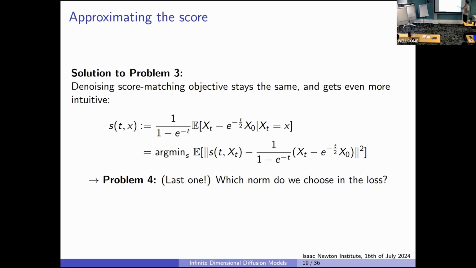And here, what we're doing in this case is letting the neural network predict this, which is exactly equal to the noise of the forward process, right? So if you look at what this is doing, you can see that this will be the noise that is used to create xt from x0.